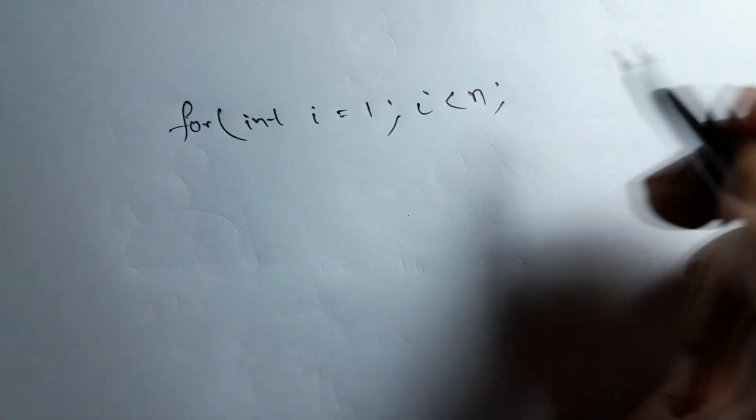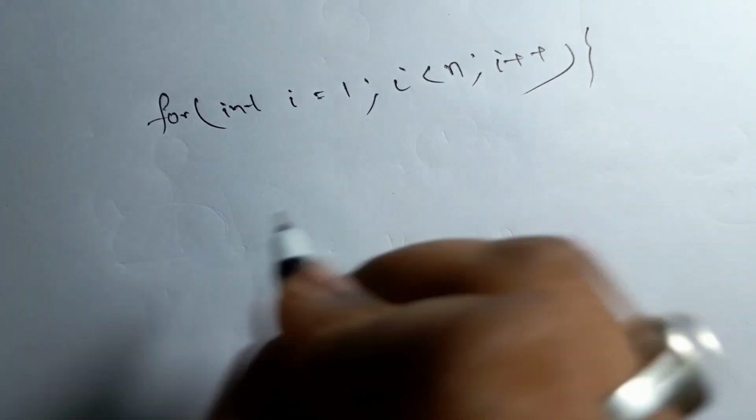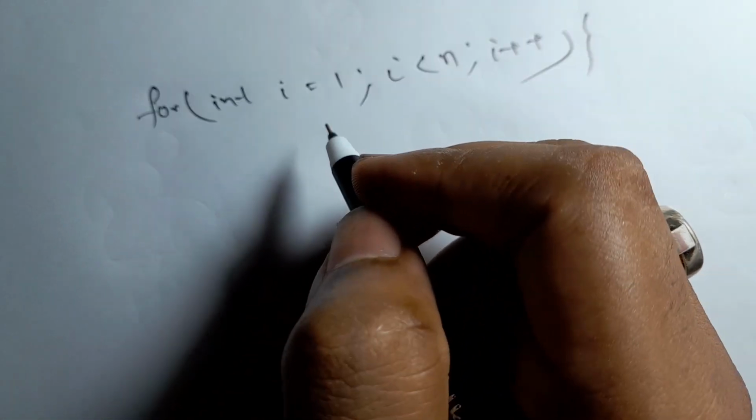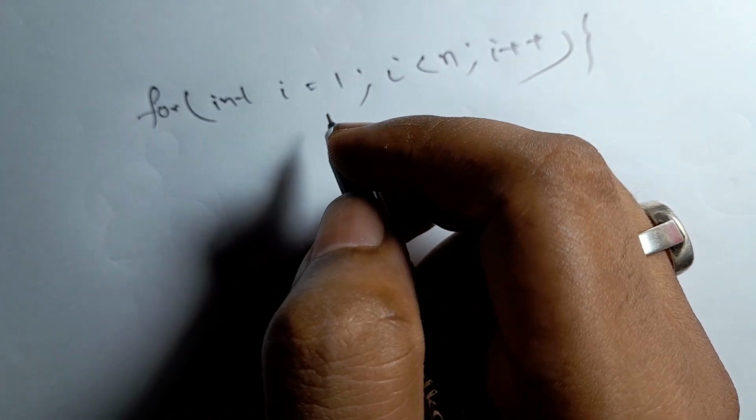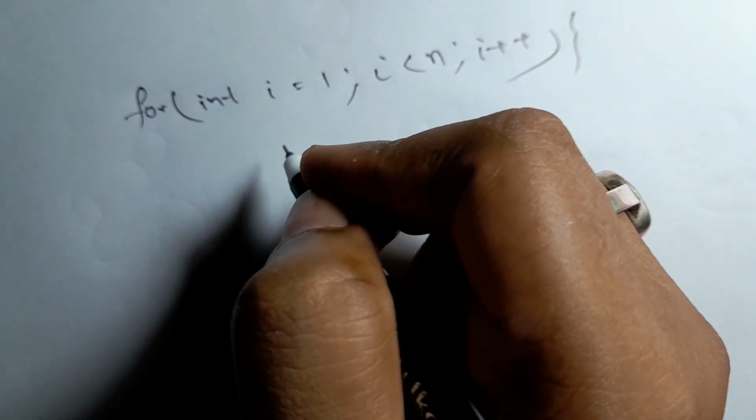I have explained well. So, coming to the loop part: for int i equals 1, i less than n, where n means array size, i plus plus. What will we do? We will check one condition.